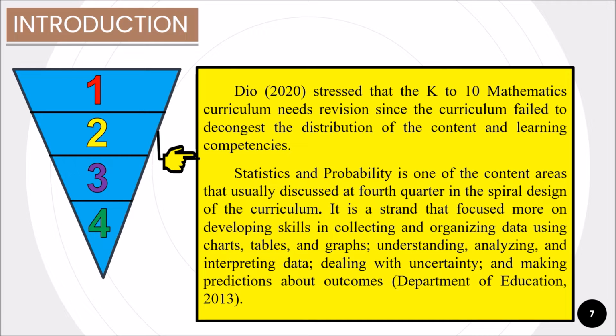Statistics and probability is one of the content areas usually discussed in the 4th quarter in the spiral design of the curriculum. It is a strand that focuses more on developing skills in collecting and organizing data using charts, tables, and graphs, understanding, analyzing, and interpreting data, dealing with uncertainty, and making predictions about outcomes.